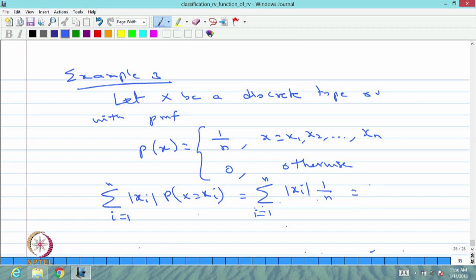This is nothing but 1 divided by n times the summation of absolute xi's. Since all the possible values are finite, the summation of xi's is also going to be a finite quantity. Therefore the expectation of x is going to be 1 divided by n times the summation of xi's.